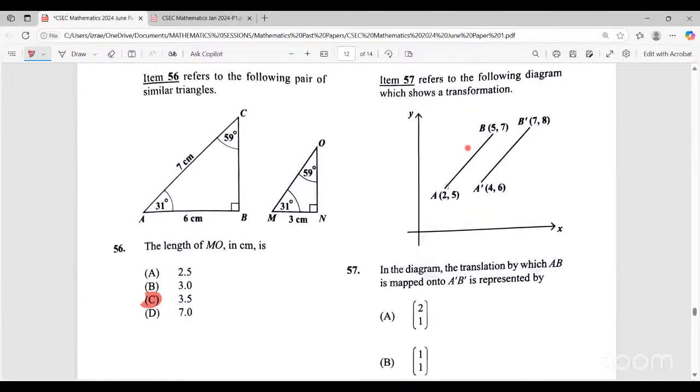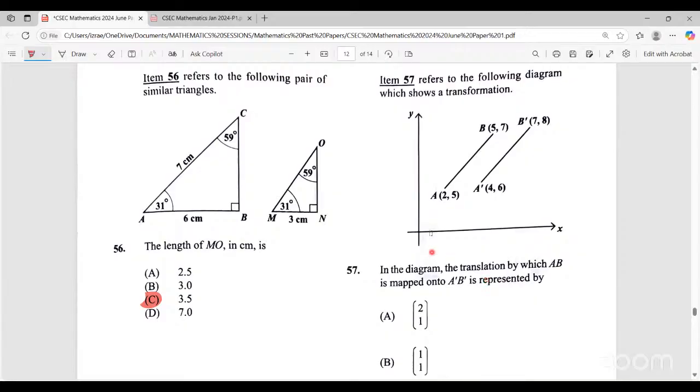57, the translation by which AB is mapped onto A prime, B prime. If I look at 4, 6, and I'm going to 2, 5, you will notice that 4 minus 2 is 2, and 6 minus 5 is 1.